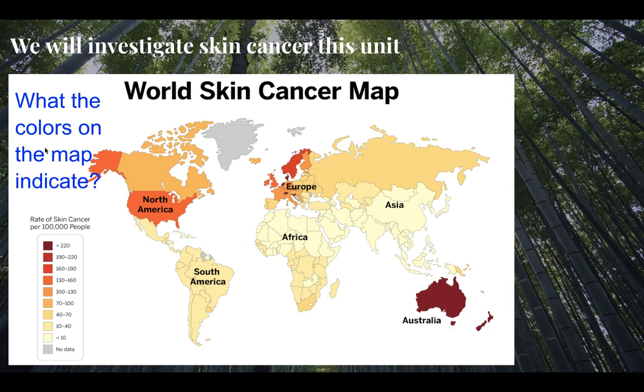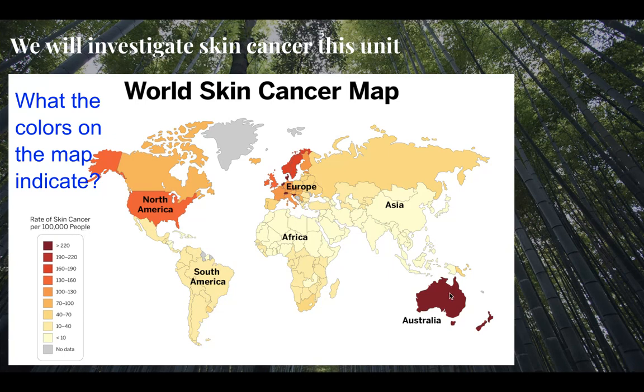So here's a map of the world. Been looking at lots of maps lately with the coronavirus. But on this one, what do the colors of the map indicate? If I look at my key right here, it's the rate of skin cancer per 100,000 people.